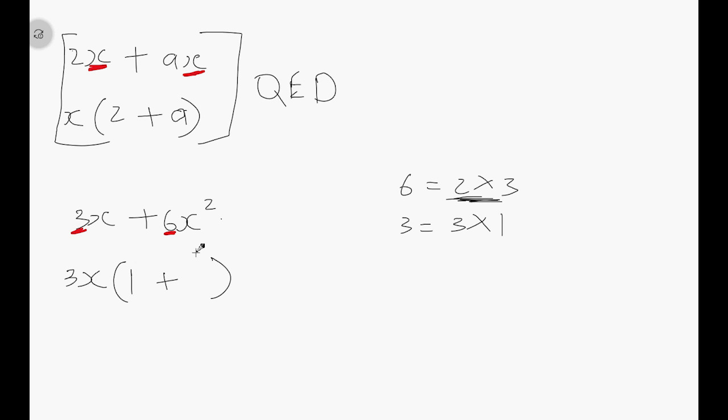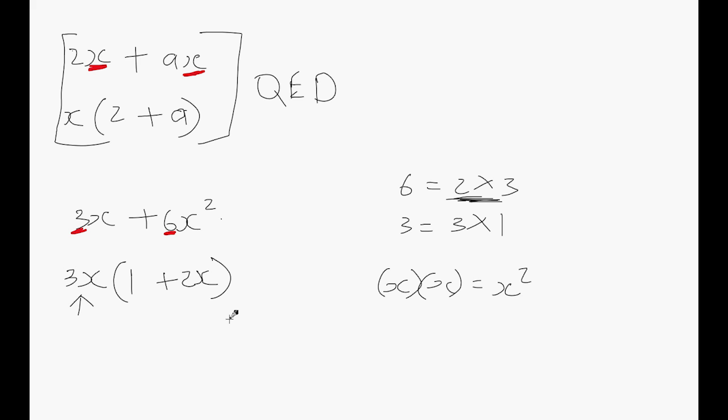So you can write the 2 down here, and now for the x squared, you would have to multiply the x from the 3x by another x, so x times x gives you x squared. So you'd have to have an x there also.